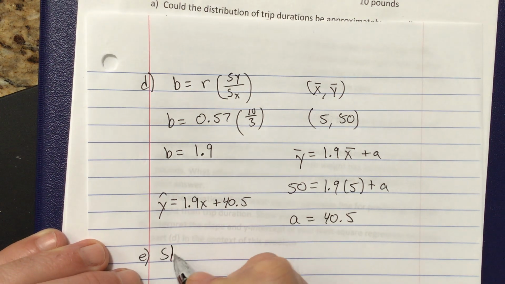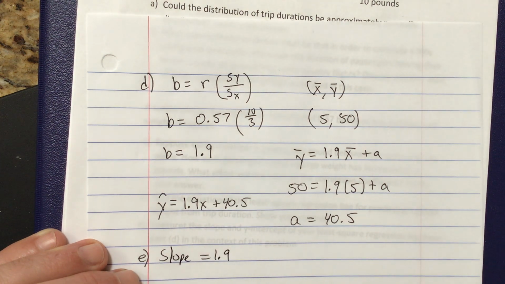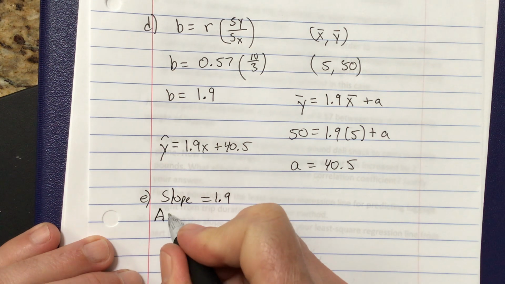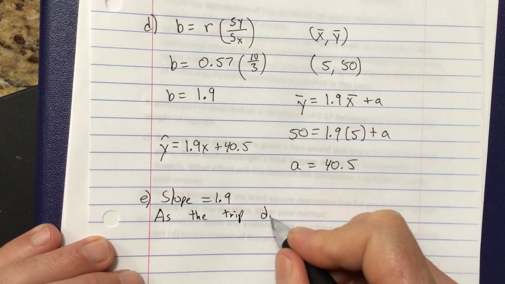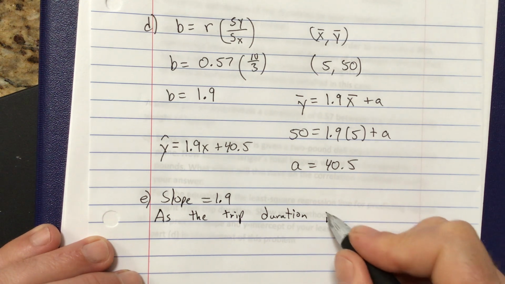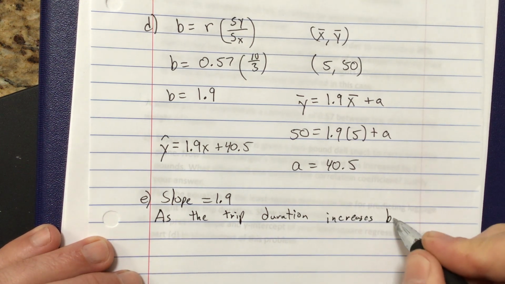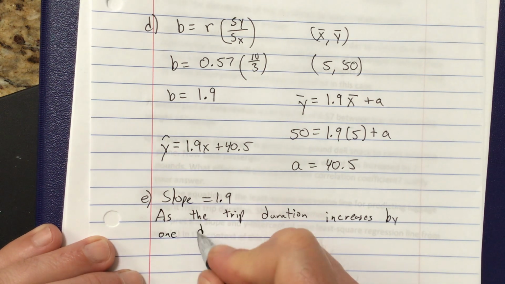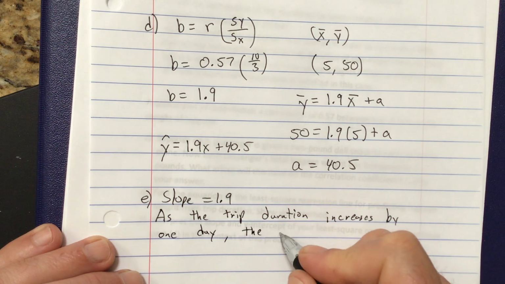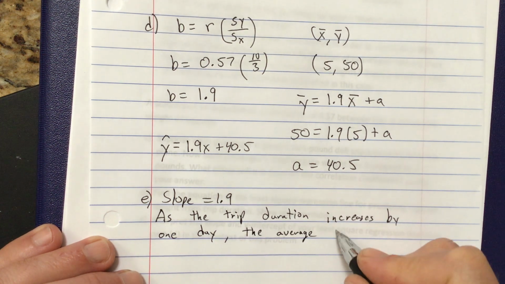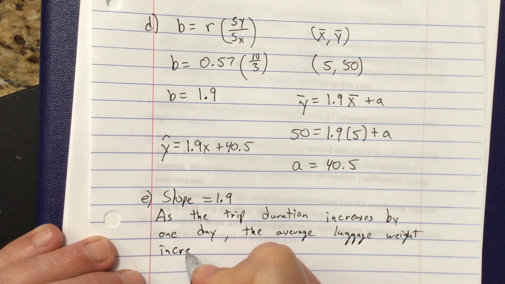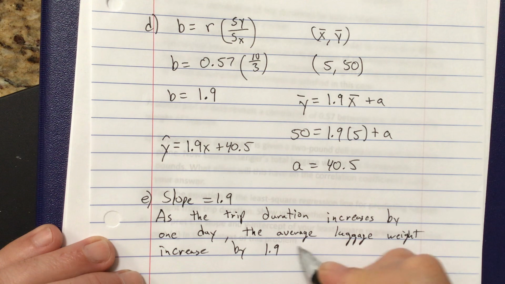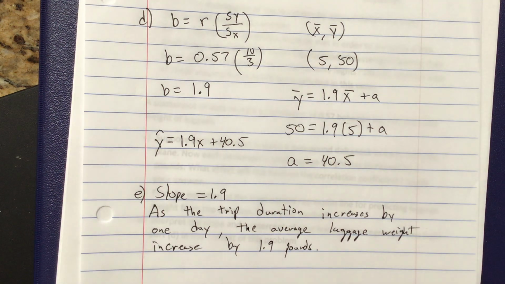So our slope, so the context is as the trip duration increases by 1 day, the average or mean luggage weight increases by 1.9 pounds. Oh, I said 1.9 days earlier. Sorry, I meant it's 1.9 times the number of days.